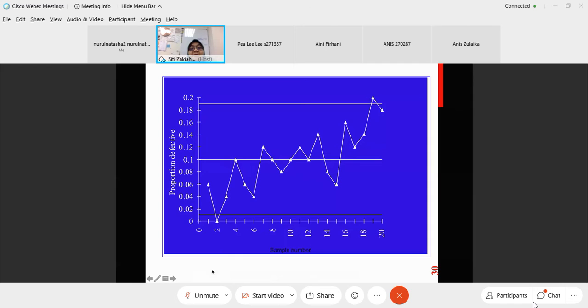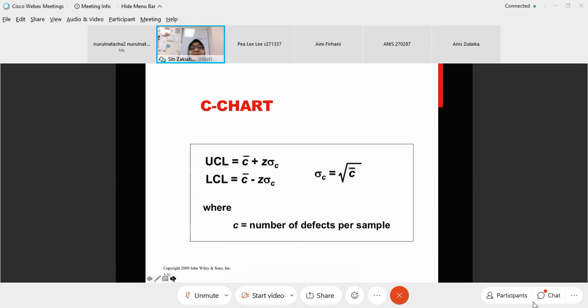Now we go back to the C chart. Just now the P chart measured the percentage or proportion defectives. What does C measure? What kind of errors, what kind of defects, if you want to use the C chart? Remember? Countable, yes, she says countable.